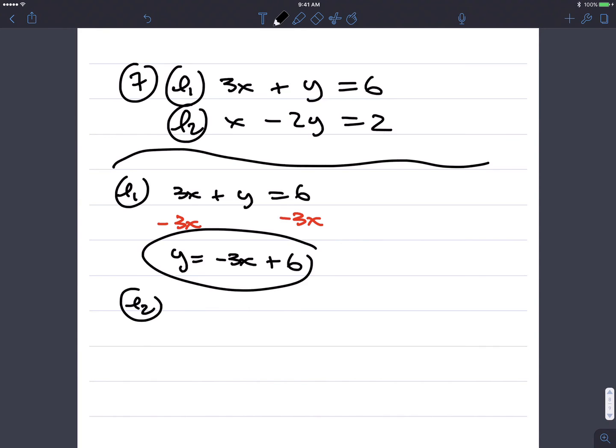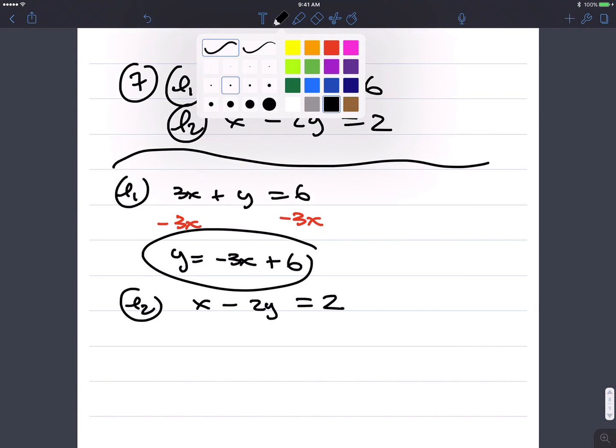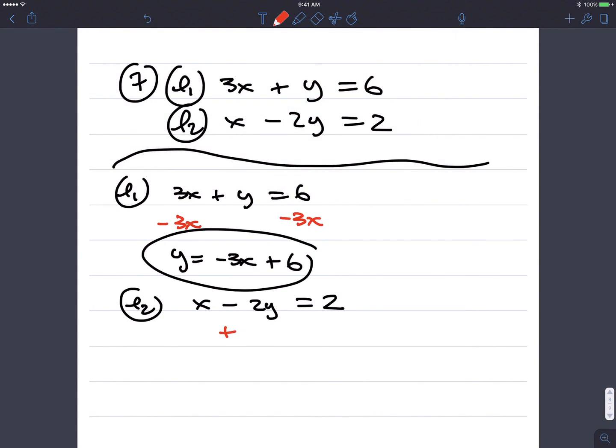Second equation. So I have x minus 2y is 2, I have to solve. Here's what I'm going to do, something a little different. I'm going to add my 2y to both sides here. I get x equals 2y plus 2.